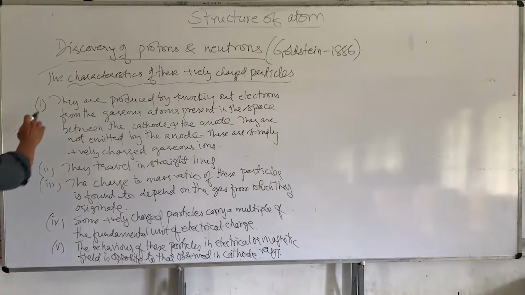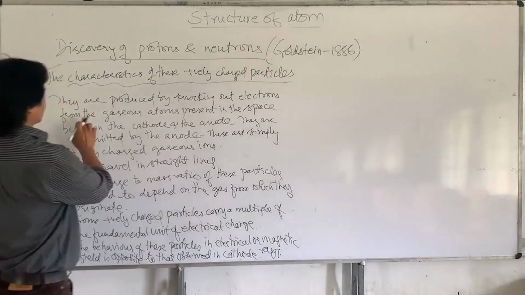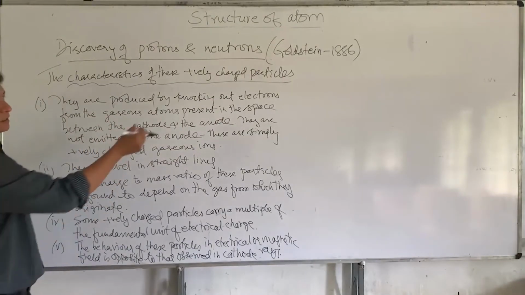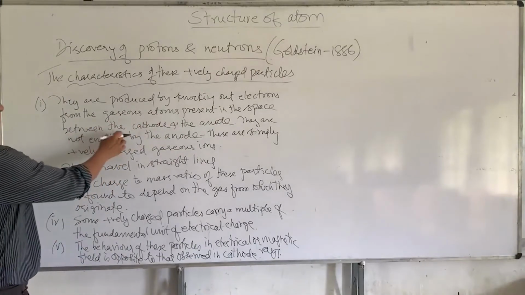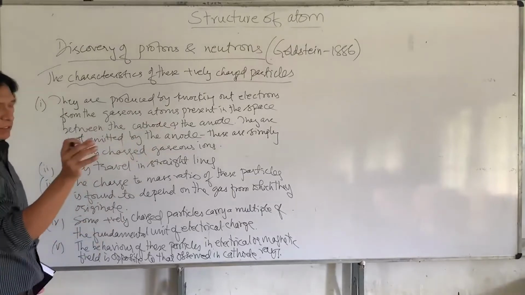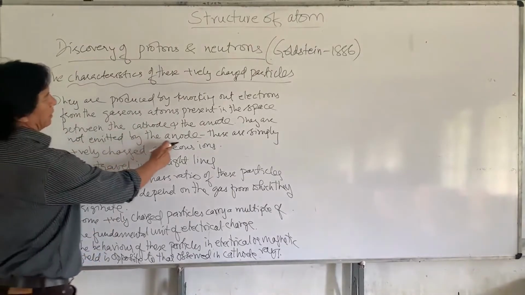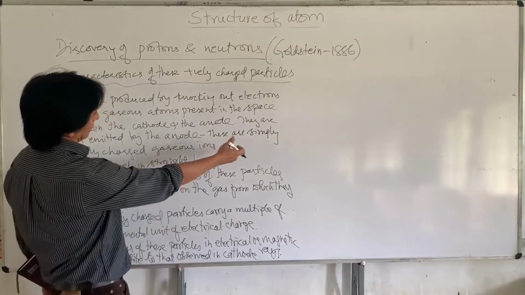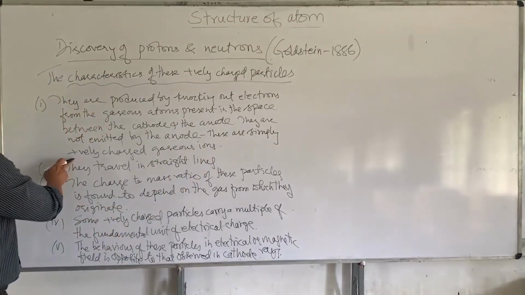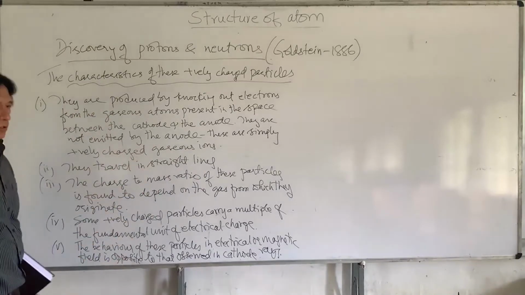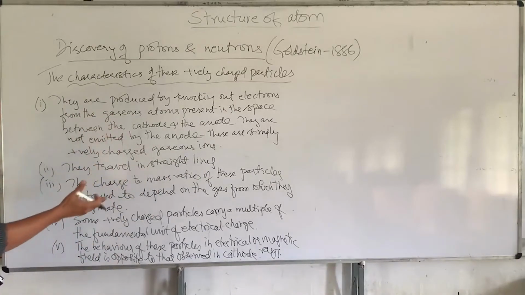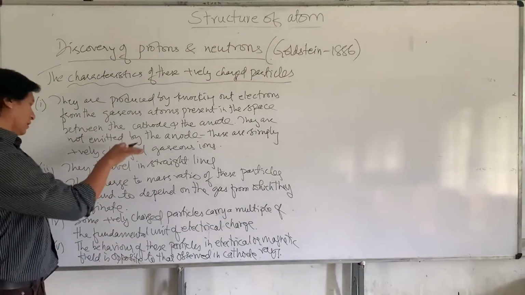So the first thing is they are produced by knocking out electrons from the gaseous atoms present in the space between the cathode and the anode, that is in the cathode discharge tube. Then they are not emitted by the anode. These are simply positively charged gaseous ions obtained from the gas taken in the tube.